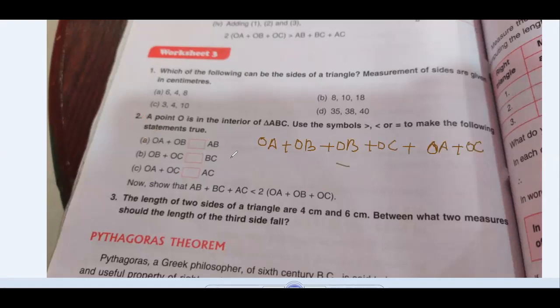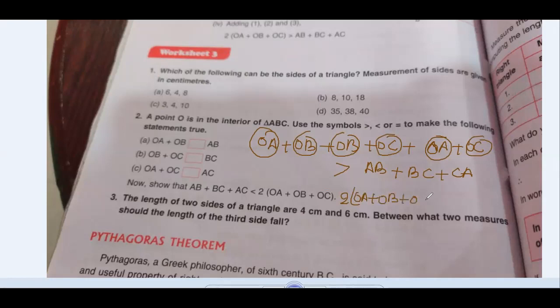And it will be greater than these three, means AB plus BC plus CA, right? So in this equation, if you see, OA is 2 times, OB is 2 times, and OC is 2 times. It means we can say that 2 into OA plus OB plus OC will be greater than AB plus BC plus CA. Okay. So that is what we need to show here.